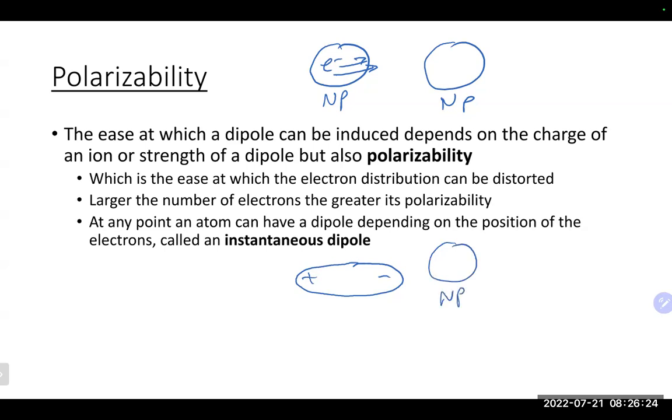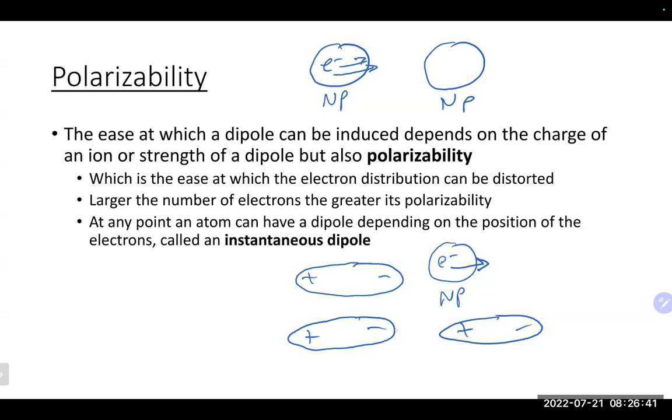If it happens to be sitting next to another nonpolar molecule, it will cause the electrons in that molecule to move away from that negative charge, and thus create a temporary charge in the second nonpolar molecule.